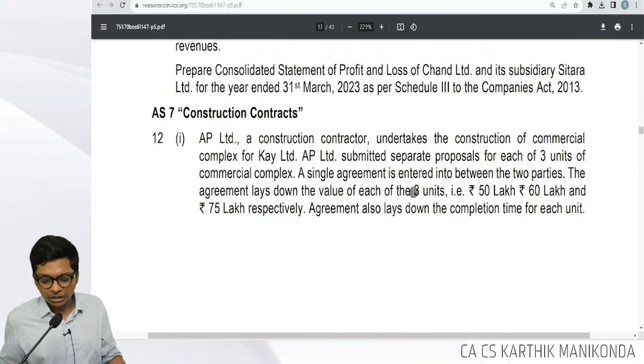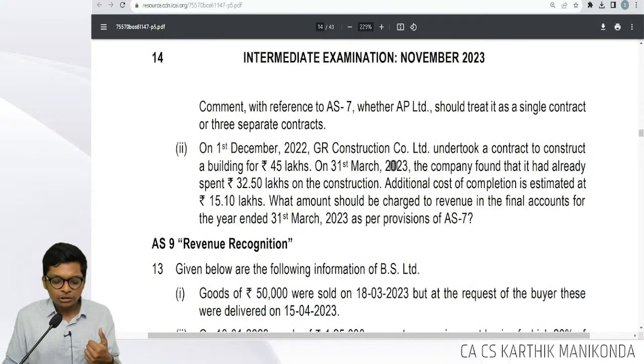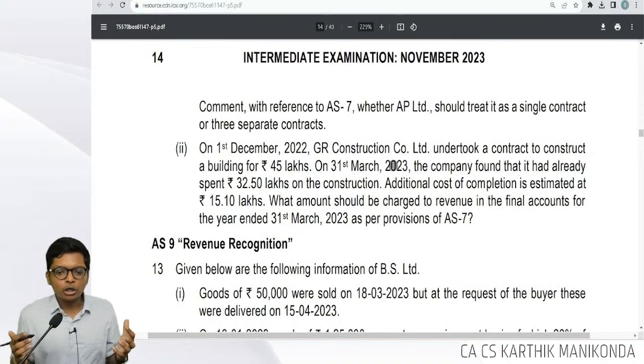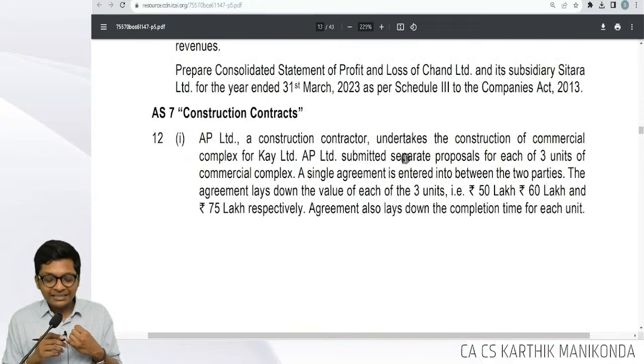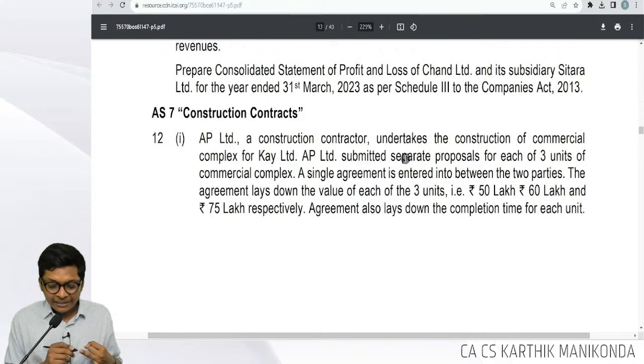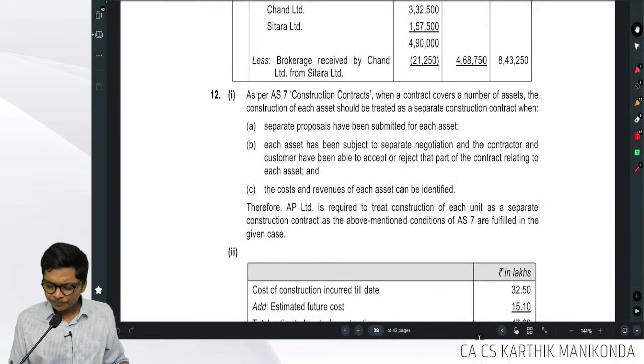Agreement also lays down completion time for each unit. They are asking whether it's treated as single contract or separate contract. Single contract means combination, otherwise separate. We already discussed when the price is separate and 3 separate proposals. Therefore, there is the ability to accept all the 3 or accept 1 or 2 and reject 1 or 2. You have to do a separate accounting and that will only be our answer.